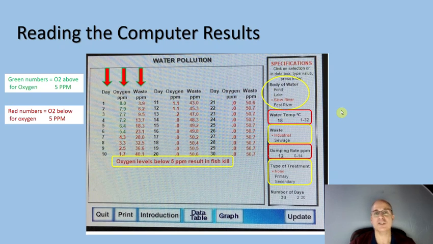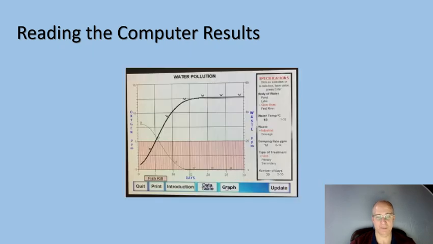Okay, so as you go through the lab, you'll see a different one of these graphics for each of the different parts. Make sure you read the data here and answer the questions that are associated with each one. Now, there's also a picture that looks like this. And this is a neat little graph that's looking at waste levels and oxygen levels.